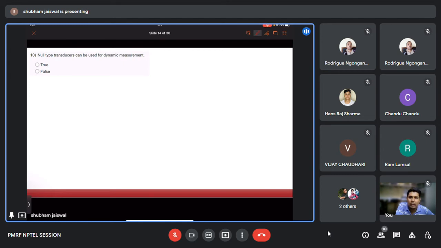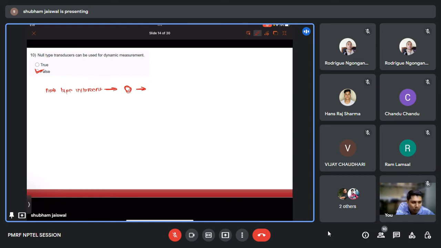Okay, the correct answer is false. Why? Because in a null type instrument, we use the reference point as our zero. We try to bring the deflection back to zero. But when it comes to dynamic measurement, there might be a deflection which will not always bring the null type instrument to zero.